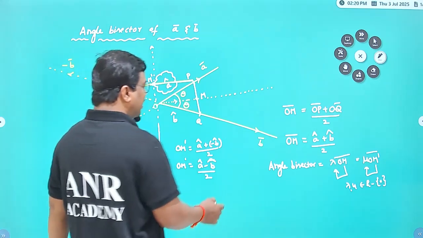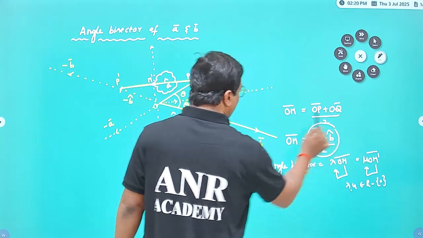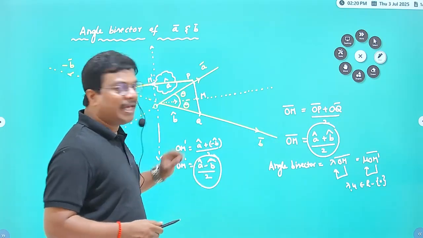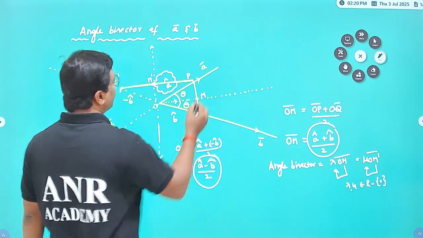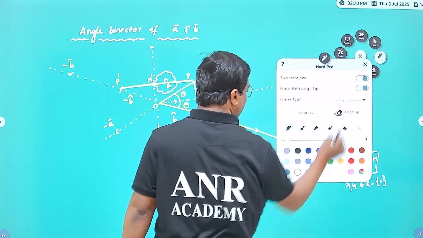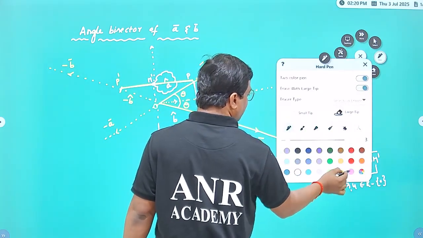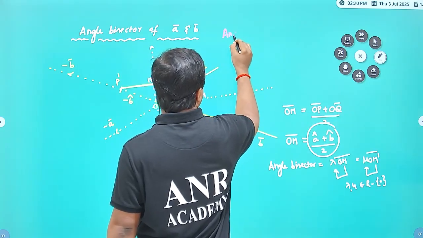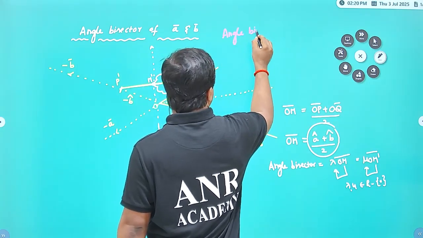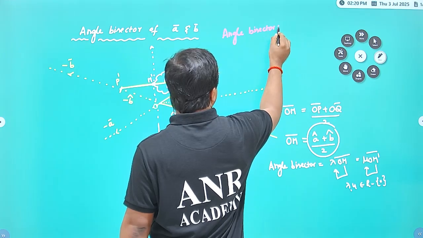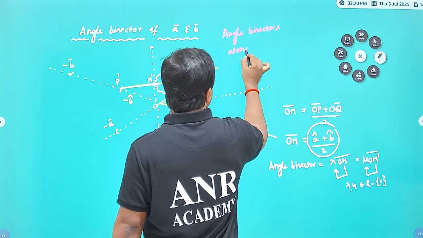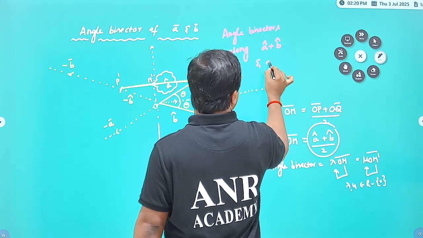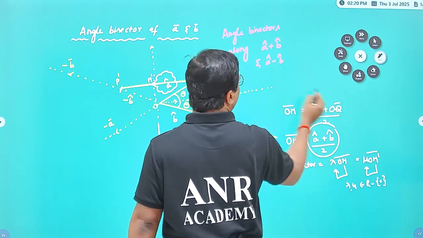So except 0, any real number you can write, that gives the angle bisector of both A bar and B bar. From this it is very clear that they are along the direction of A cap plus B cap and A cap minus B cap. So here I can say that the angle bisector is along A cap plus B cap and A cap minus B cap.